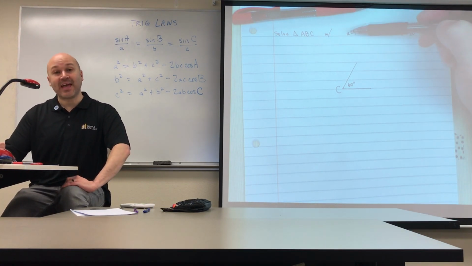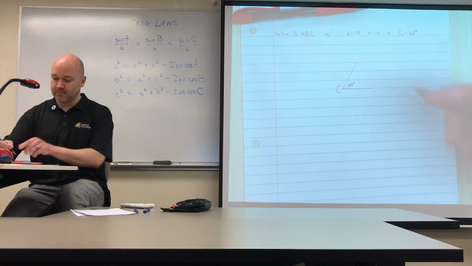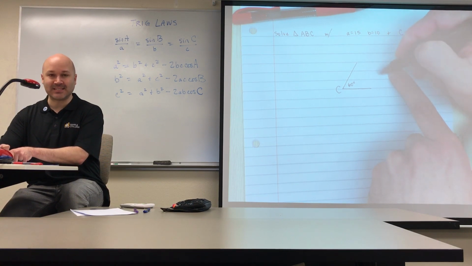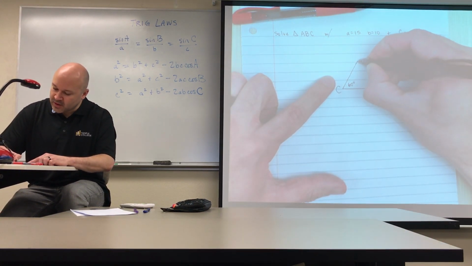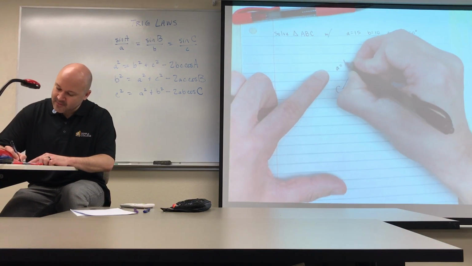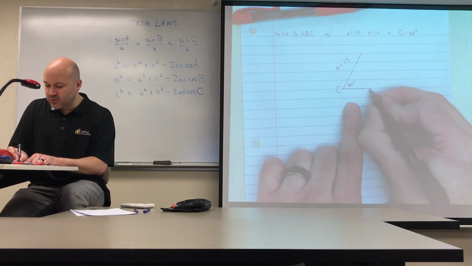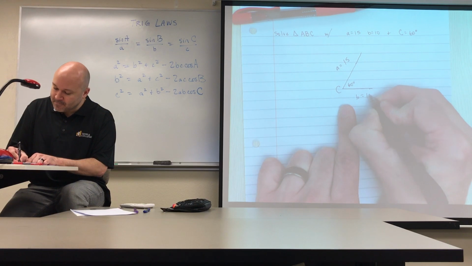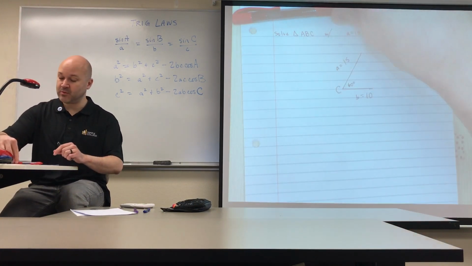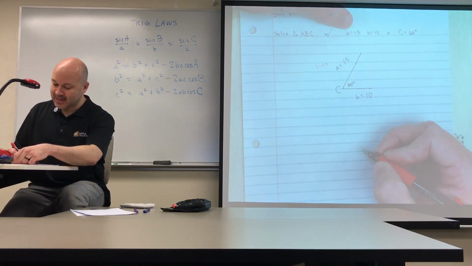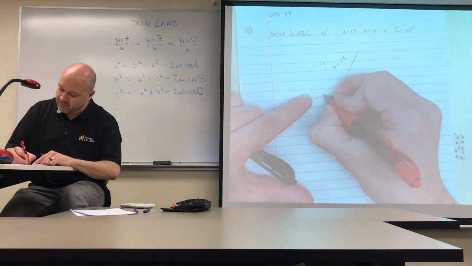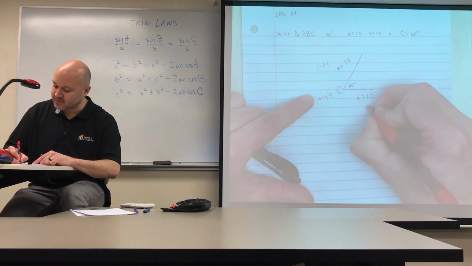Now, side lengths a and b are the ones touching C, because side length c is opposite of it. So I'll call this longer one little a, and this shorter one little b. So we were given a side, and then an angle, and then a side.